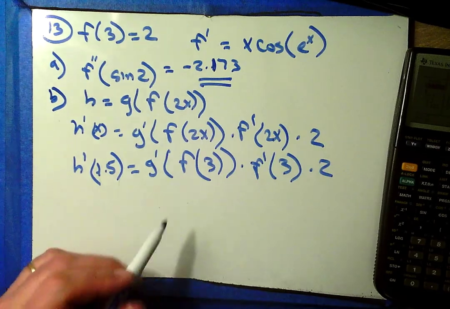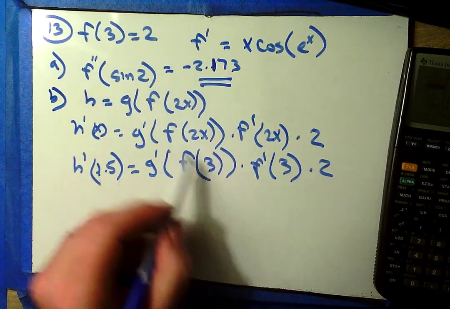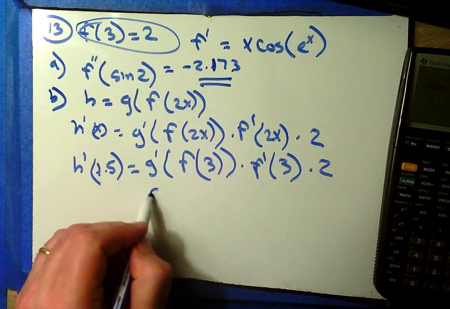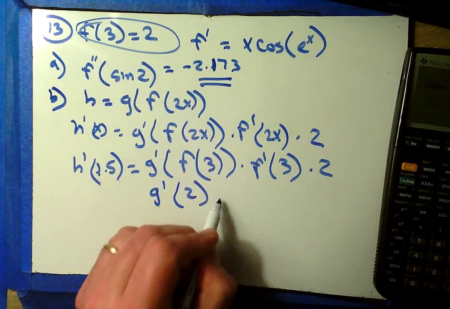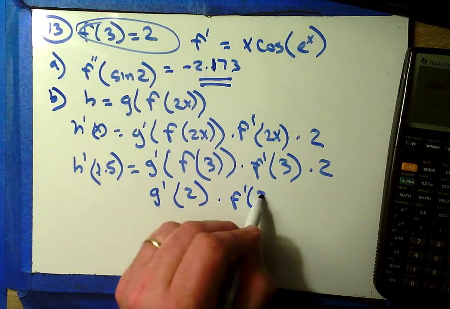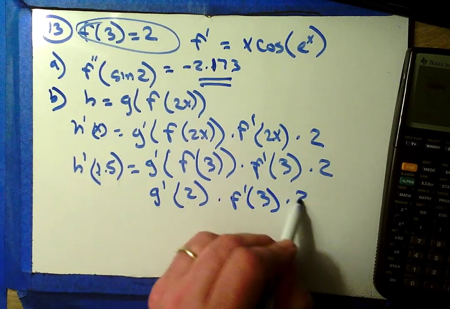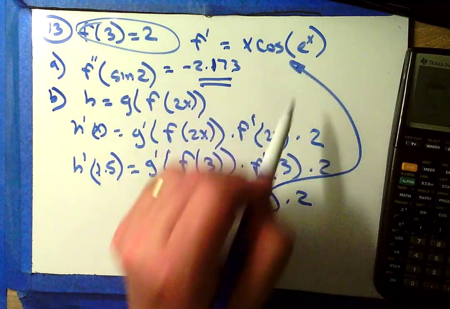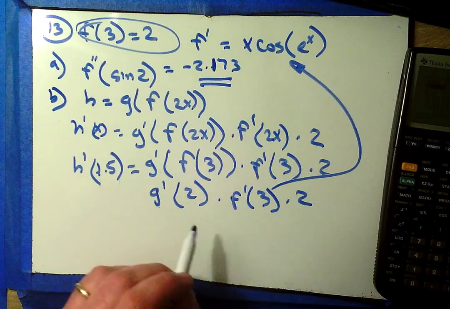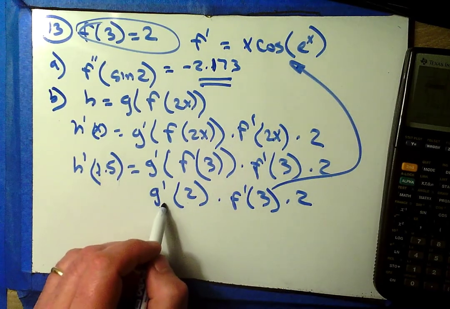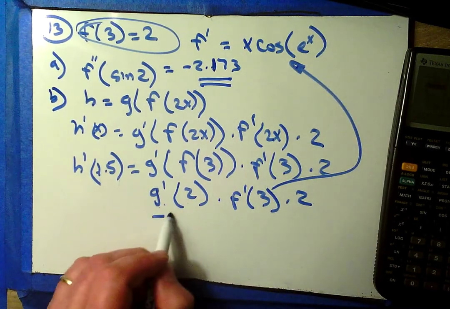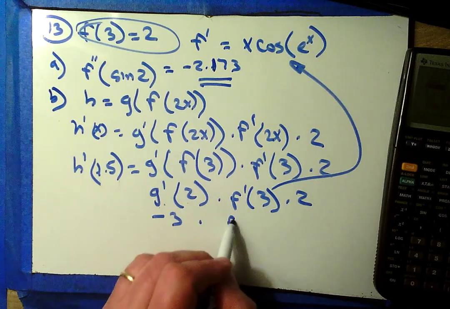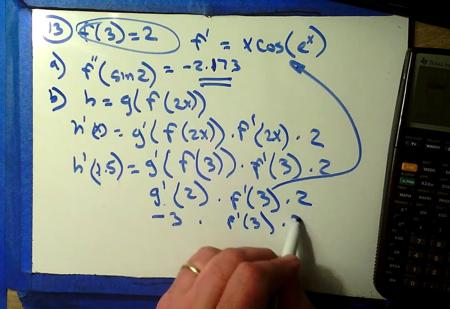So f of 3, they gave me as 2, so this is g prime of 2 times f prime of 3 times 2. Well, f prime is this function. G prime of 2 I get from the table, that's negative 3, times f prime of 3 times 2.